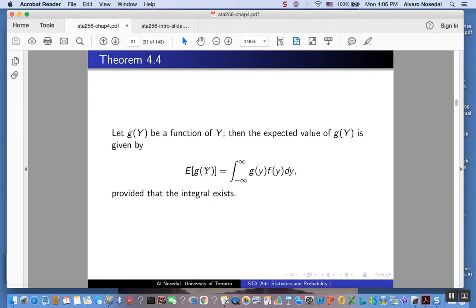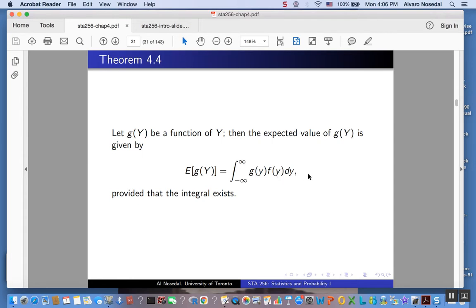If you had y, the expected value of y would be the integral from negative infinity to infinity of y times the PDF. Well, if you have g of y, then you will have g of y here times the PDF.